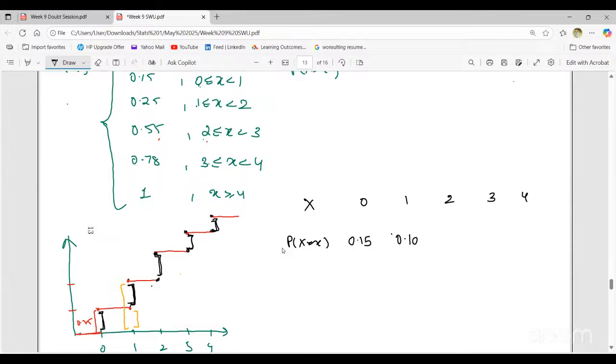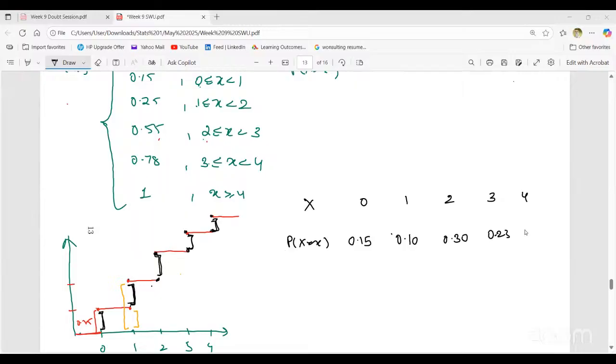Is this clear for X equals 0 and 1? Yes, ma'am. Then we will move forward. For X equals 2, tell me the value. 0.3. 0.30. Then at 3, 0.23. Then at 4, 0.22.